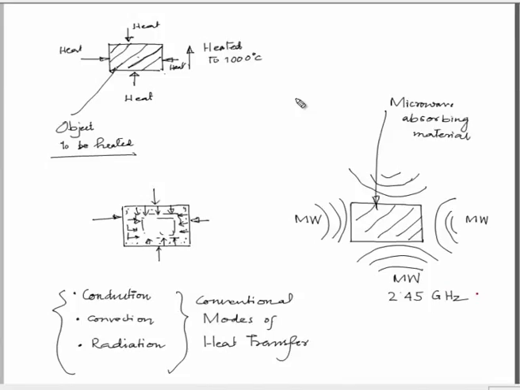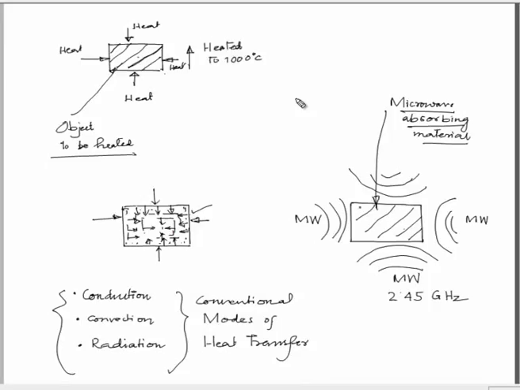Now, if the material is microwave absorbing as we have already assumed that it is, then unlike we have seen in the case of conventional heating, where the heat energy moves from the outer boundary of the material to the inner boundary slowly like this.